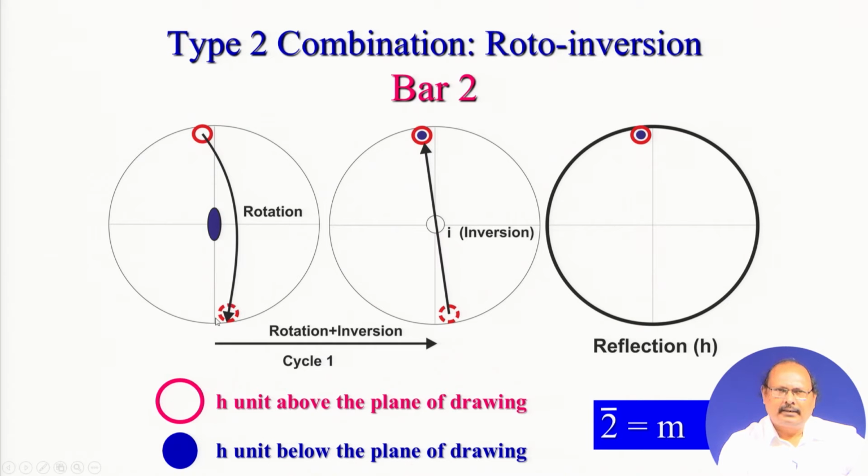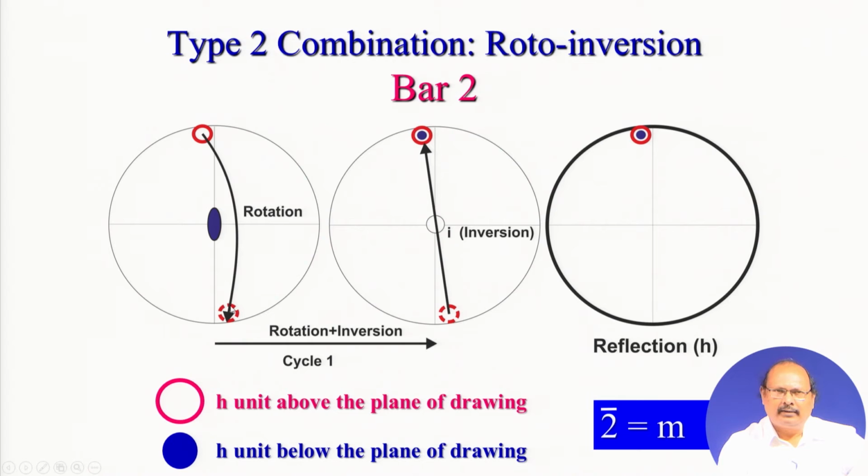What is that? I have not given a full outline of the circle here. I have shown this open circle with a red dashed outline. Why? Because this is the transient position, since rotation will be immediately followed by inversion. So, the first cycle will be completed here, rotation plus inversion.